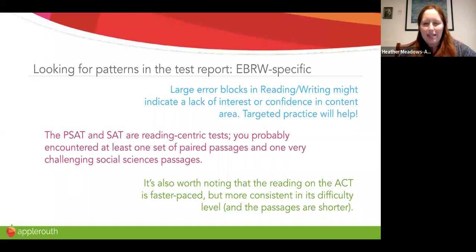So again, that's just targeting specific passages. These are reading-centric tests at the end of the day, so you probably encountered at least one set of paired passages, very challenging science passages, right? It's worth noting that on the ACT, which we'll talk about in a little bit, the reading is faster, right? So you get less time to do it, but the difficulty is more consistent. So again, we'll talk about that in a little bit, the differences between the tests and what we take from there.